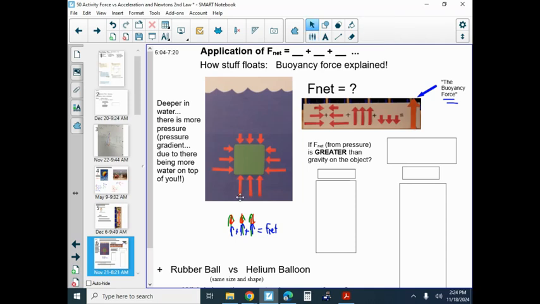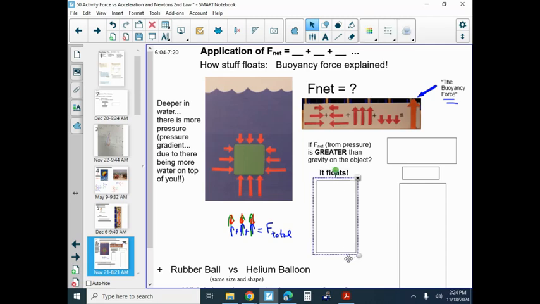So if the F net from pressure is greater than gravity on an object, I shouldn't have said F net, it's the F total in this case. F net is a special name for the result of all of the forces. So this is the total force upwards due to the pressure gradient.